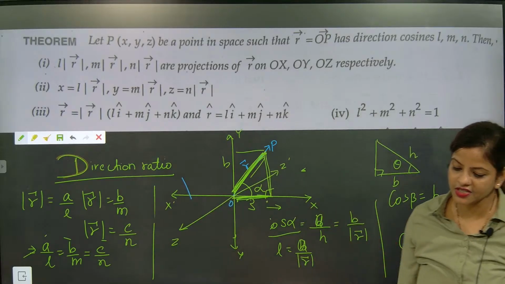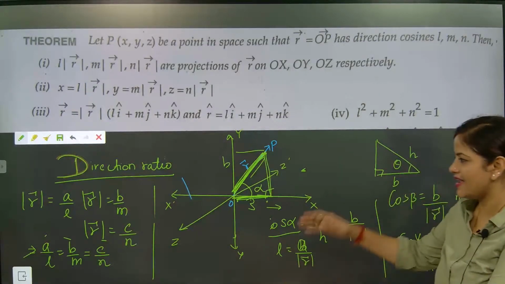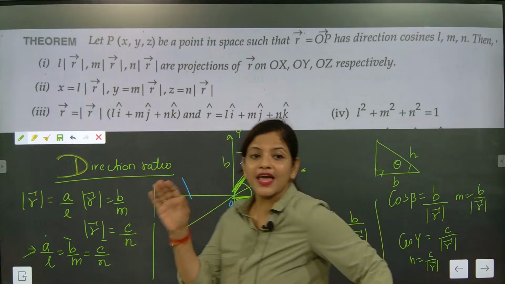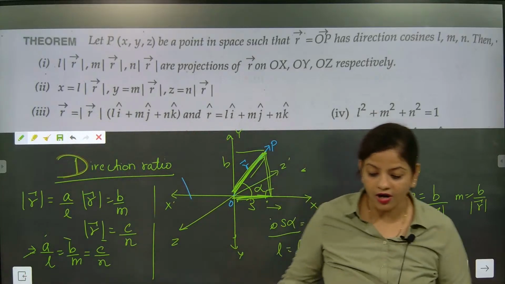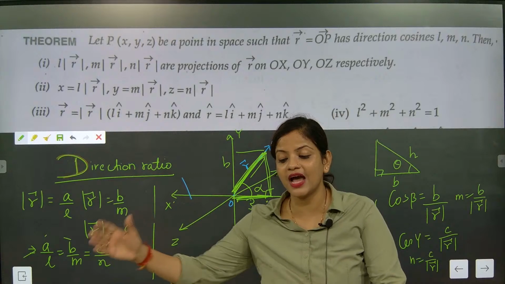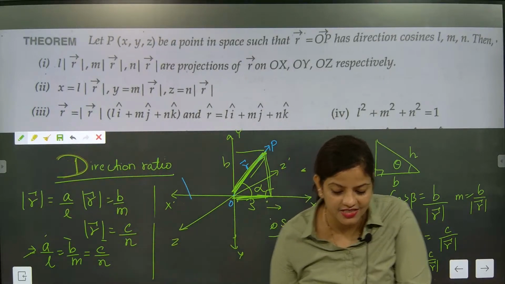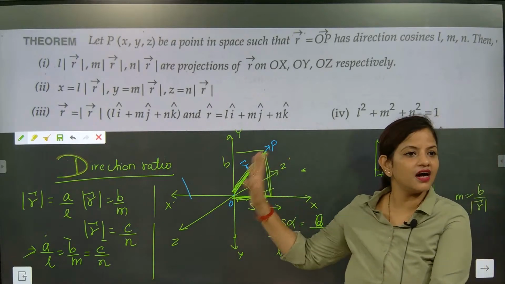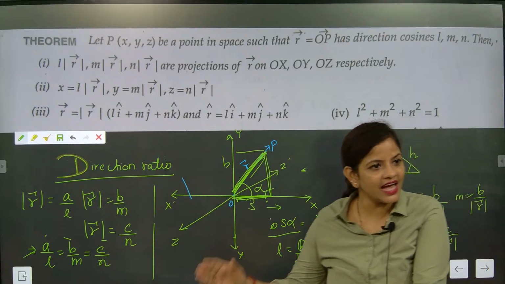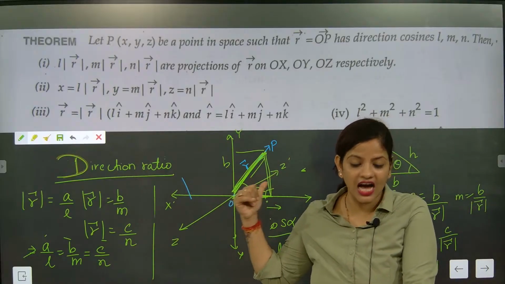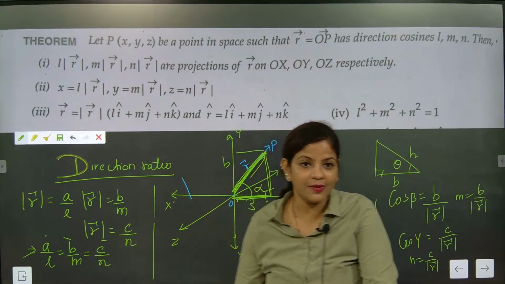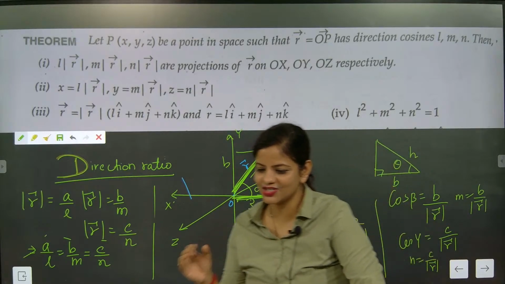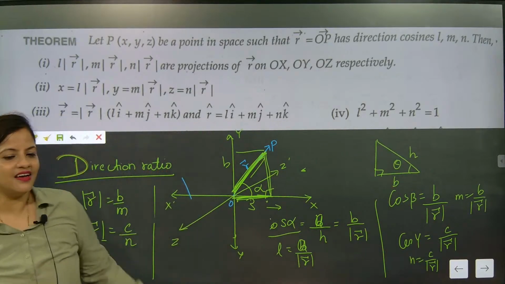So L by A is equal to M by B is equal to N by C. What are L, M, N? L, M, N are direction cosines of which vector? R vector. And A, B, C are direction ratios.